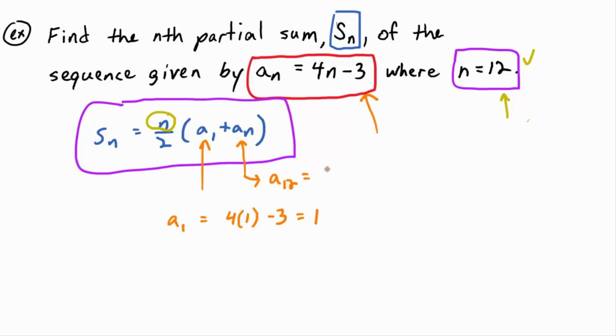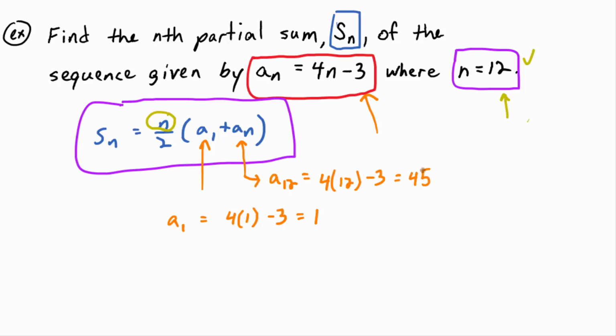So a12 is the 12th term of the sequence. Use your explicit formula to find it. What does your explicit formula tell you? 4 times 12 minus 3. What's that going to equal? 4 times 12 is 48, so minus 3, 45. Okay.